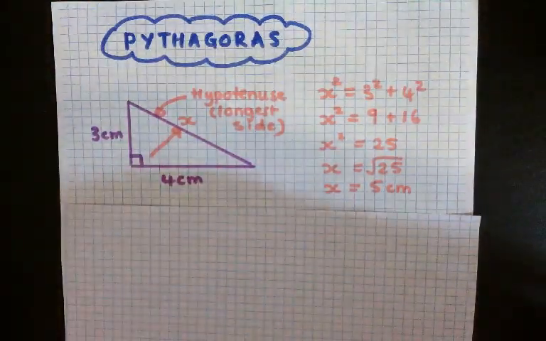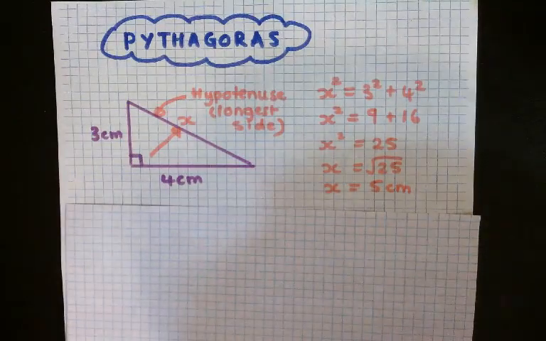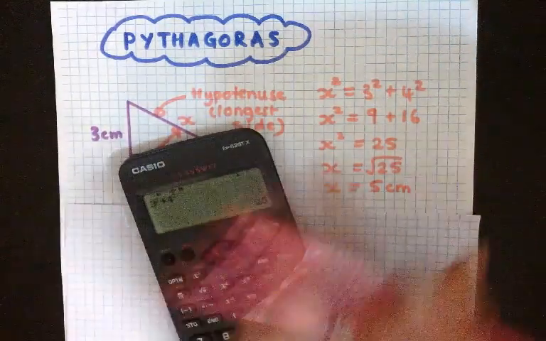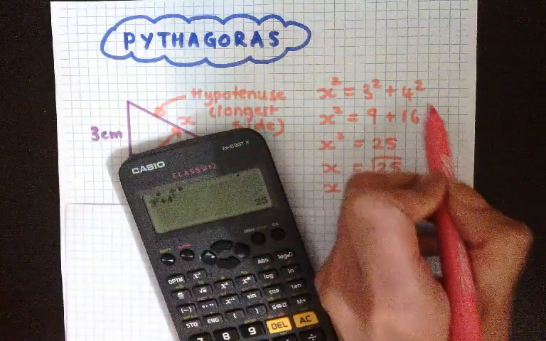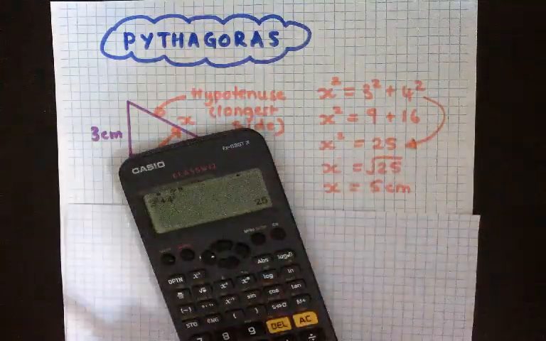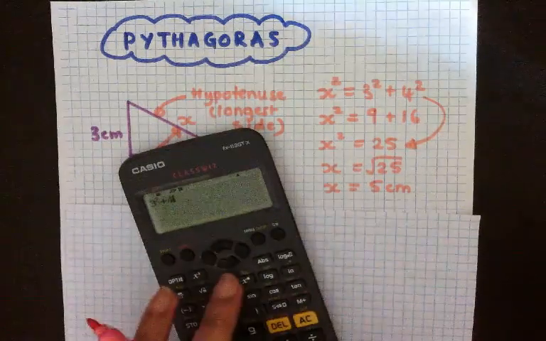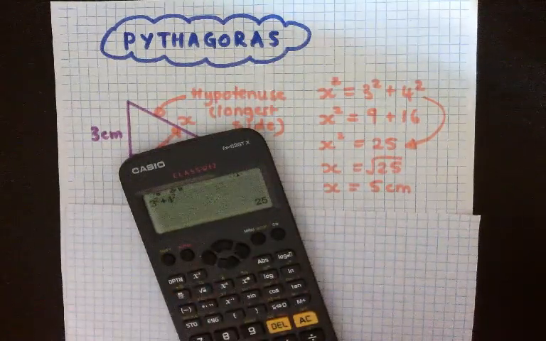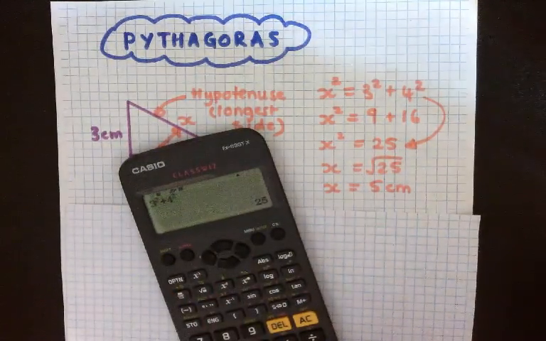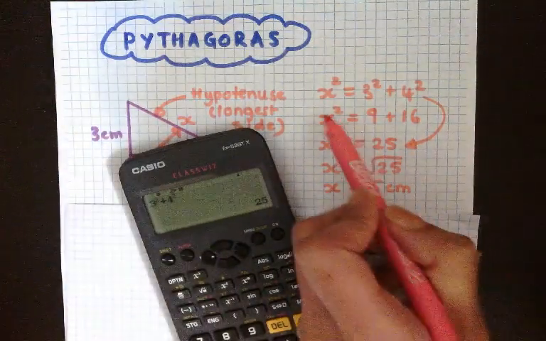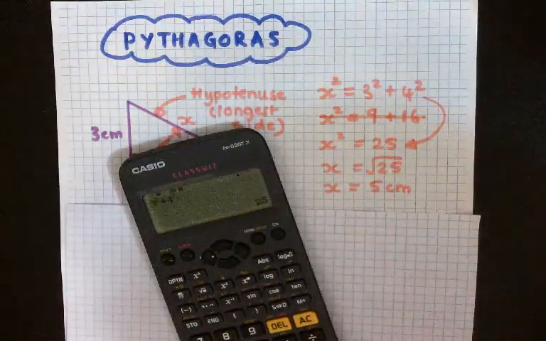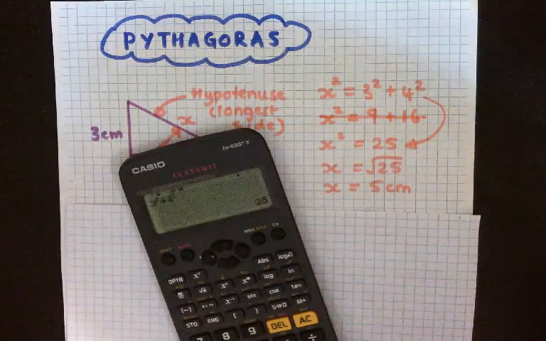Now you can actually just type in the first line of this working into your calculator and you'll get straight to here. So I'm going to just show you 3 squared plus 4 squared equals 25. So I don't think it's necessary to show this line if you don't want to when you're doing your working.